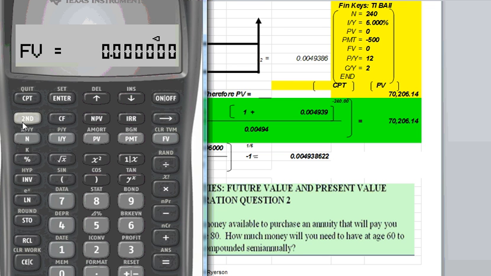Then second function, P/Y, and we have 12 payments, so that's correct. Press enter, and then scroll down. C/Y is 2, so we have to override that, press enter, and then compute present value, and we have the same answer as they have there.